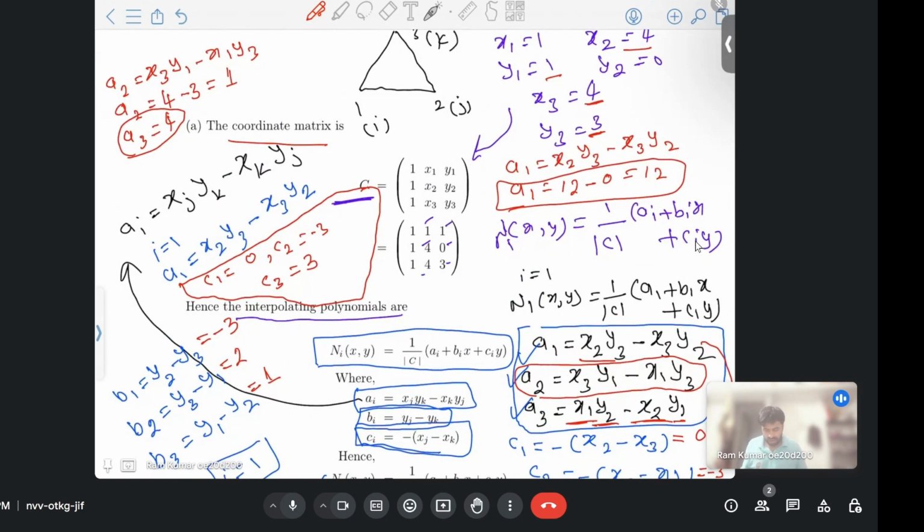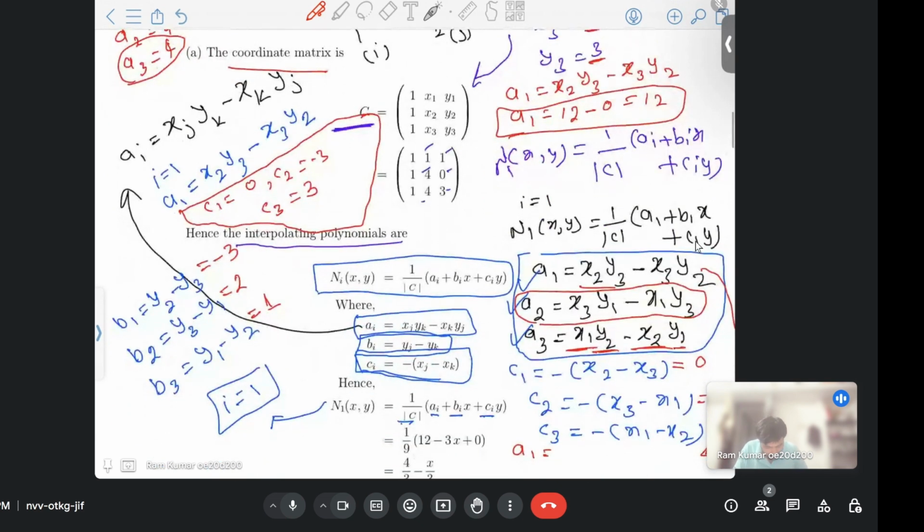So we got all these values. A1 equals 12, a2 equals 1, a3 equals 4. B1 equals minus 3, b2 equals 2, b3 equals 1. C1 equals 0, c2 equals minus 3, c3 equals 3. Now we are going to put them here.